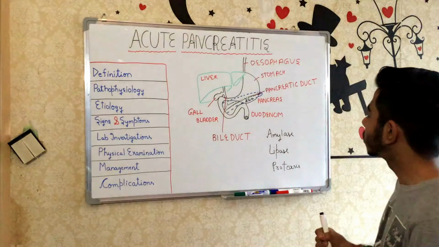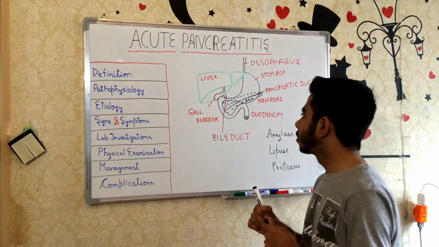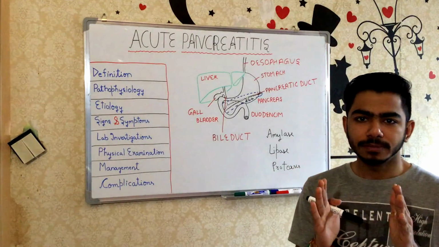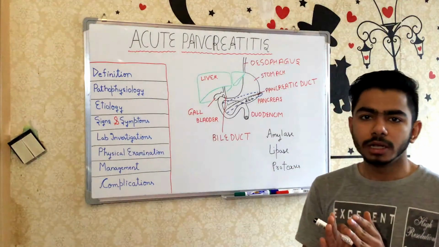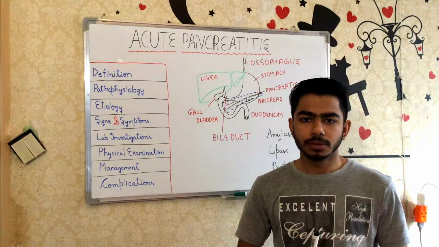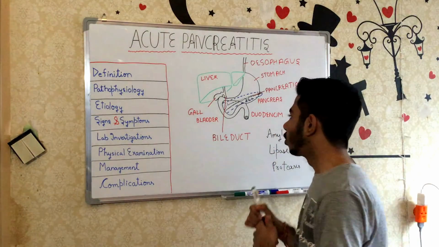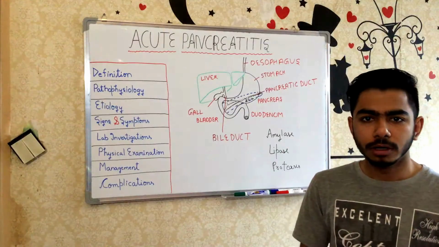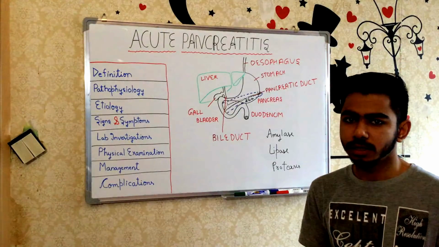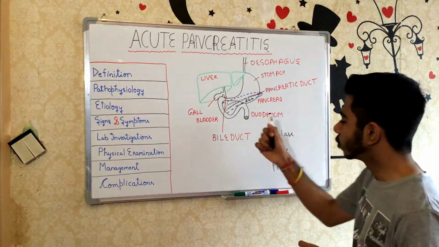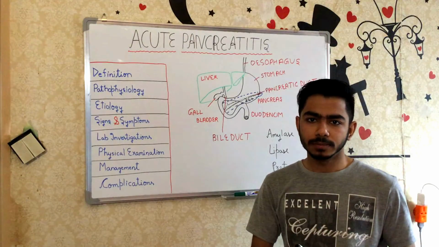So the pancreas is inflamed due to the autodigestion by its own enzymes. So this was about the gallstones. Ethanol, that is alcohol, also causes autodigestion by its enzymes, which can also cause acute pancreatitis.